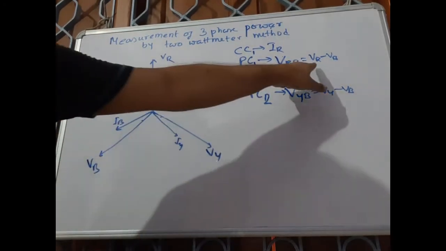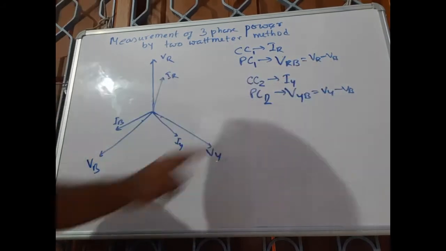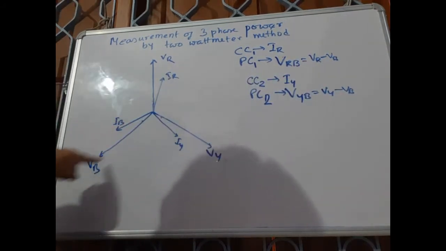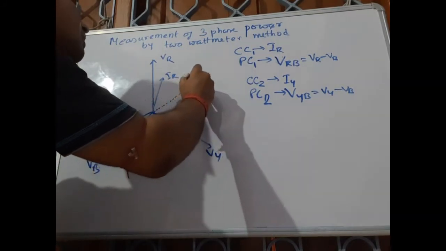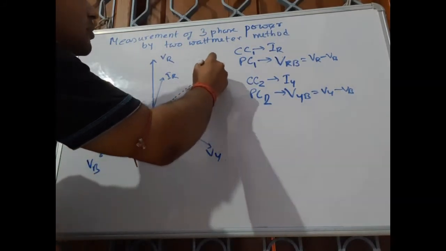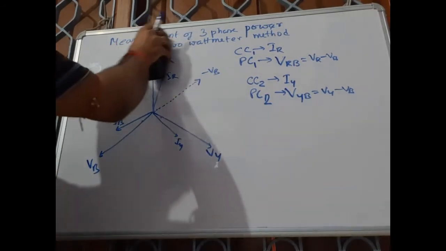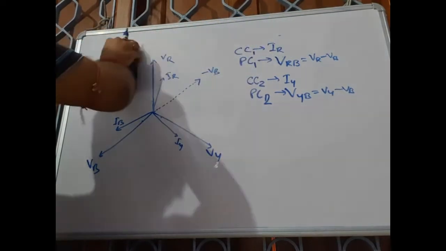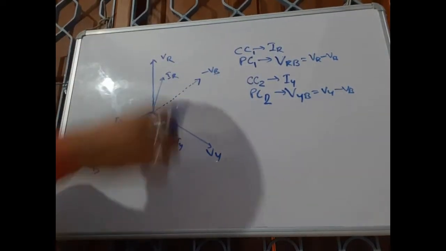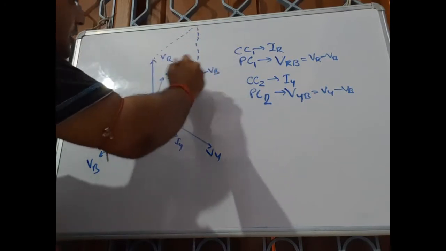Now what we have to draw? VRB. So VR minus VB. So VB is in this direction, so minus VB will be here. Now to draw VRB, what we have? We have the resultant of VR and minus VB, right?